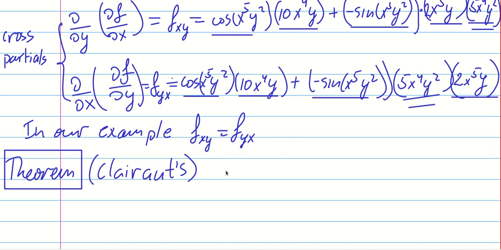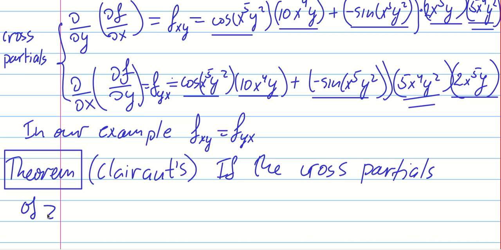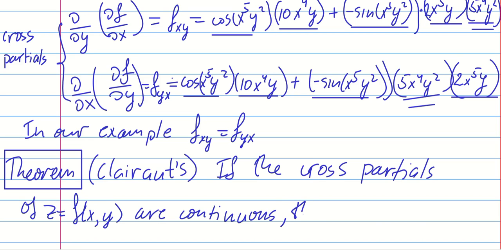All right, and the theorem says if the cross partials of z equals f of x, y are continuous, then they are equal. So continuity guarantees that you have a nice function.